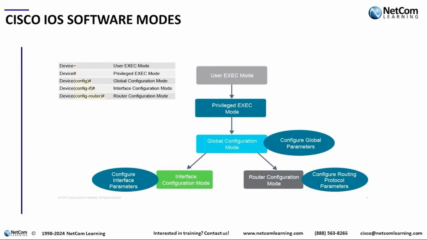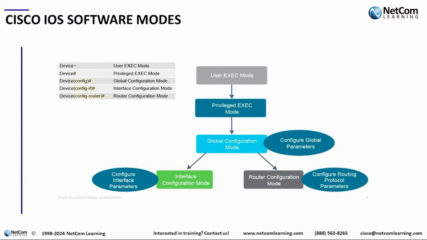And as a security feature, we mentioned that the IOS separates exec sessions into two separate access levels: user exec and privileged exec. User exec allows you access to basic monitoring commands, whereas privileged exec allows you access to all of the router commands on that device.